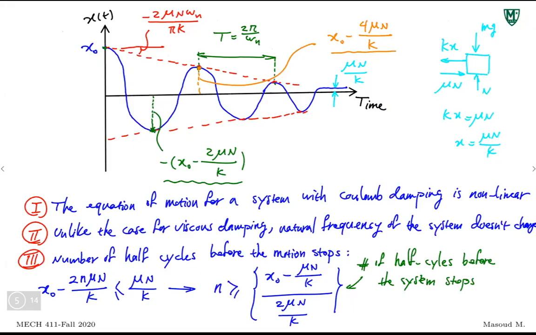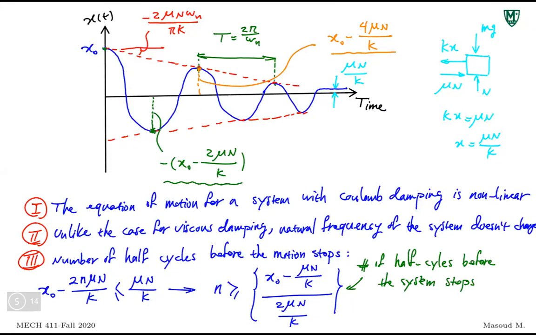So we went through a lot. We started with the spring mass system moving on a dry friction surface. We could solve the equation of motion for every half cycle and found how the system behaves. The time period doesn't change. The amplitude reduces linearly, and we can find that reduction for successive peaks.